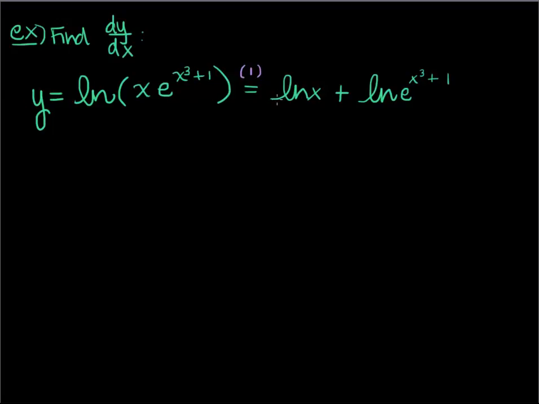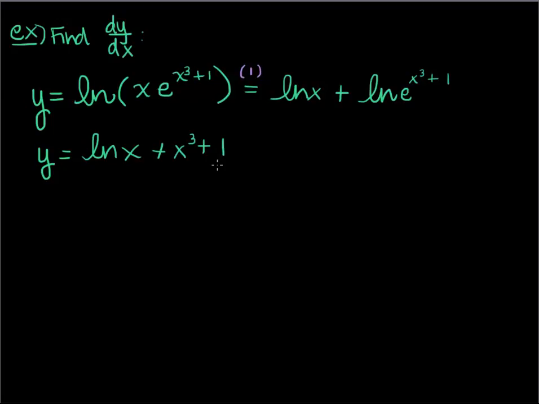Now I have not done any calculus yet here, so I need you to understand that when you're using these properties to break up the natural logarithm, you've not taken the derivative yet. Now I'm just going to simplify this a little bit more. This would give me the natural log of x, and then we saw that the e and the natural log cancel out, so this would just be x cubed plus 1.